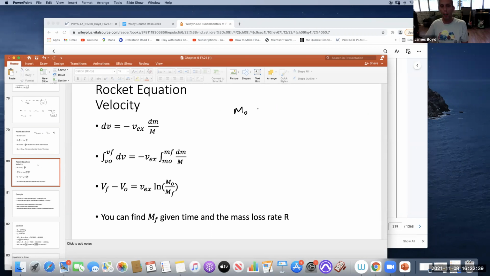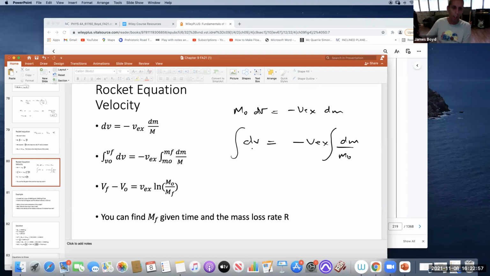Coming back to m naught dv is equal to minus v exhaust dm. If I write it like this, dv equals dm over m, take the integral, leaving the negative v exhaust outside. Let this go from v initial to v final. This goes from m initial to m final. This becomes v final minus v initial, it's just the integral of dv.